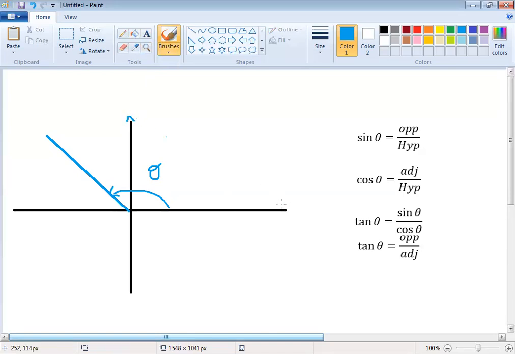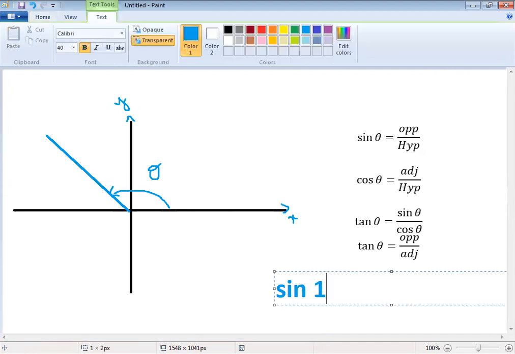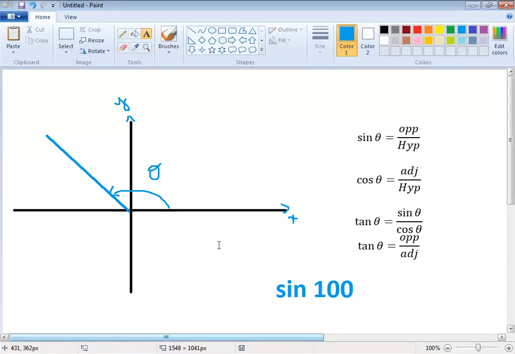Tell me any value between 90 and 180 in degrees. Take 120. Let me take it as 100, just an example. Now, what to do when I need to find out the value of sine 100? Remember, we have the values of sine from 0 to 90. And what if somebody wanted to find out the value of sine 100?